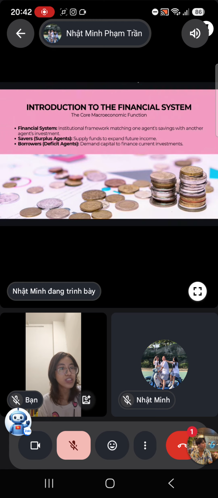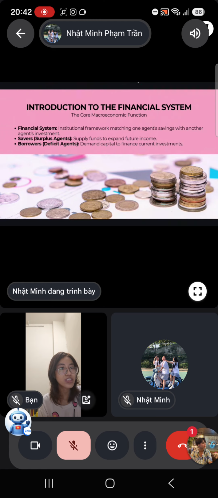A bond is a legal certificate of indebtedness, making the buyer a creditor. Bonds have three key attributes: term, the time until maturity; credit risk, the probability of default; and tax treatment, how interest earnings are taxed.